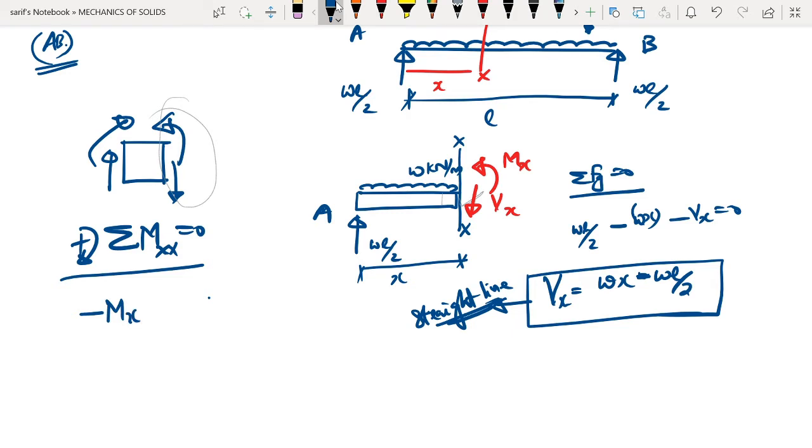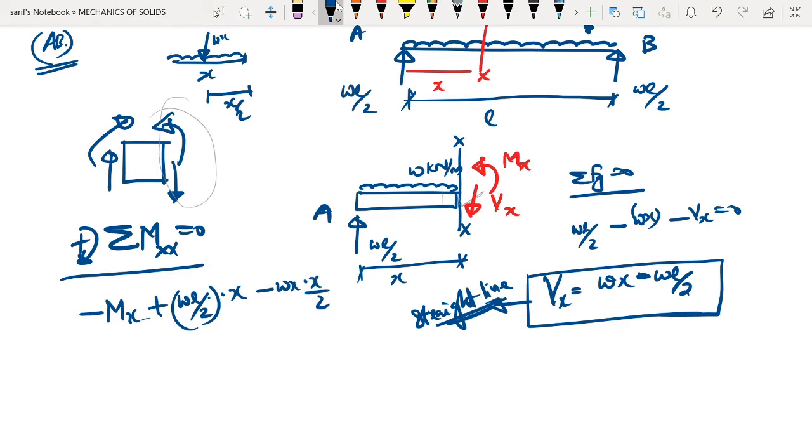Then the moment created by this UDL w, which is having a length x. The total will be wx and that is going to act at x by 2. So the moment is wx into x by 2. So minus Mx plus wL by 2 into x minus wx into x by 2, and this is equal to 0.